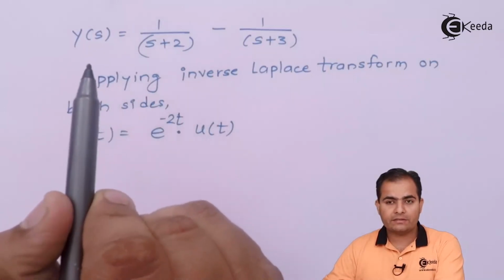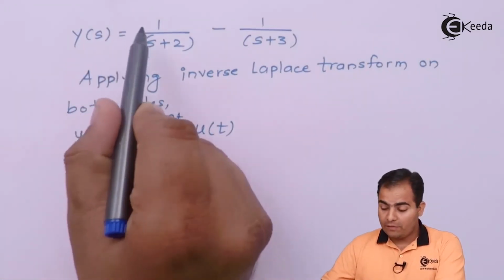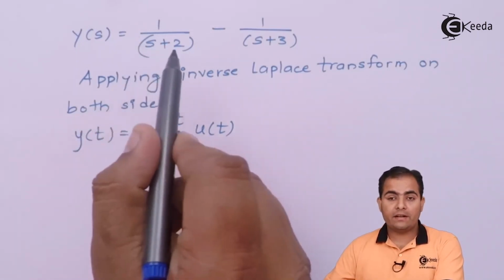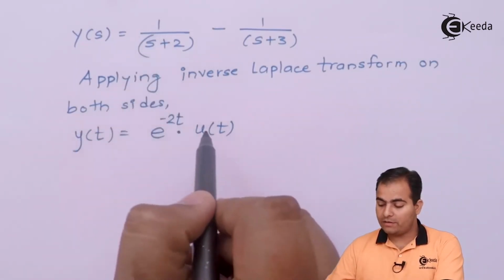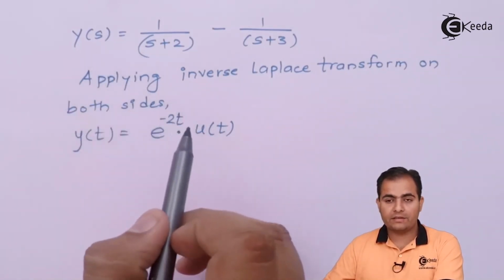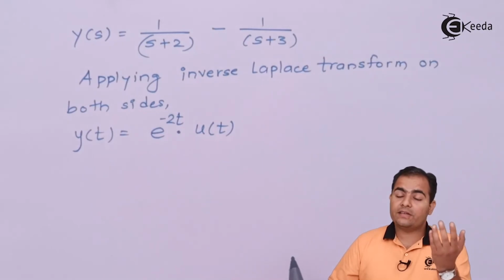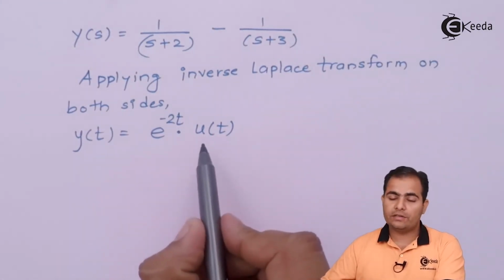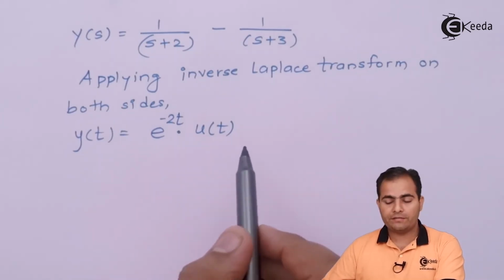That is 1 by s. So the inverse Laplace transform of 1 by s is u of t, but we cannot write del of t for 1 by s, because unit step response gives us the Laplace transform 1 by s. So if you apply del of t as an input, then also your result will carry a unit step response or u of t value.